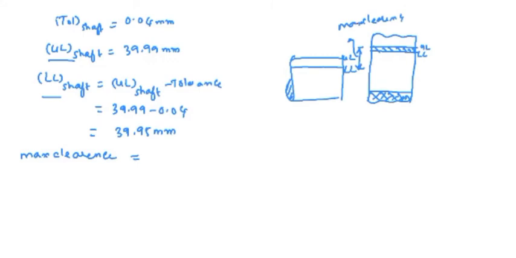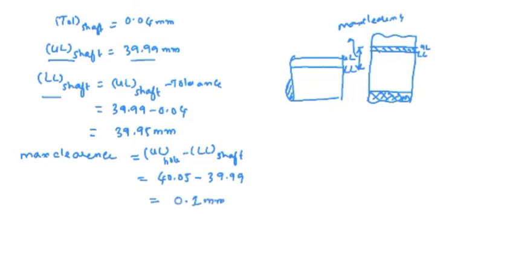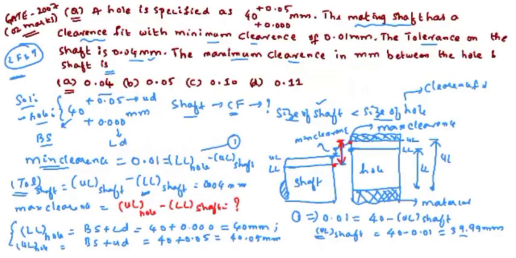So maximum clearance is the upper limit of the hole minus lower limit of the shaft: 40.05 minus 39.95 gives 0.1 mm. As per the options given in the question, 0.1 mm, option C is the correct answer.